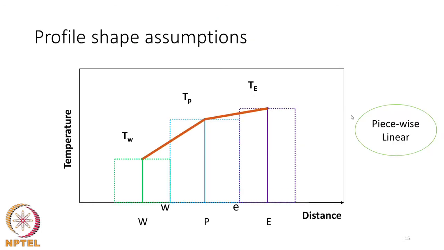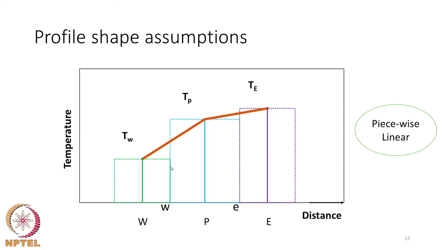So, we would do that now, and while we do that, we also need to implicitly assume how the parameter phi, or in this case temperature, varies across the control volume and beyond. What we are doing is a piecewise linear variation, which is reasonable, and this is different from another possible assumption, which is to choose that the temperature is constant in the entire control volume.